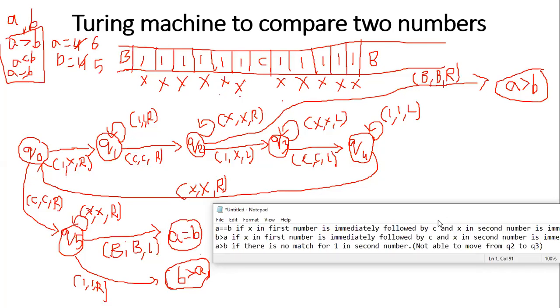This is one of the important questions with respect to the Turing machine. So here you have three outputs: A is equal to B, or B greater than A, or A is greater than B.